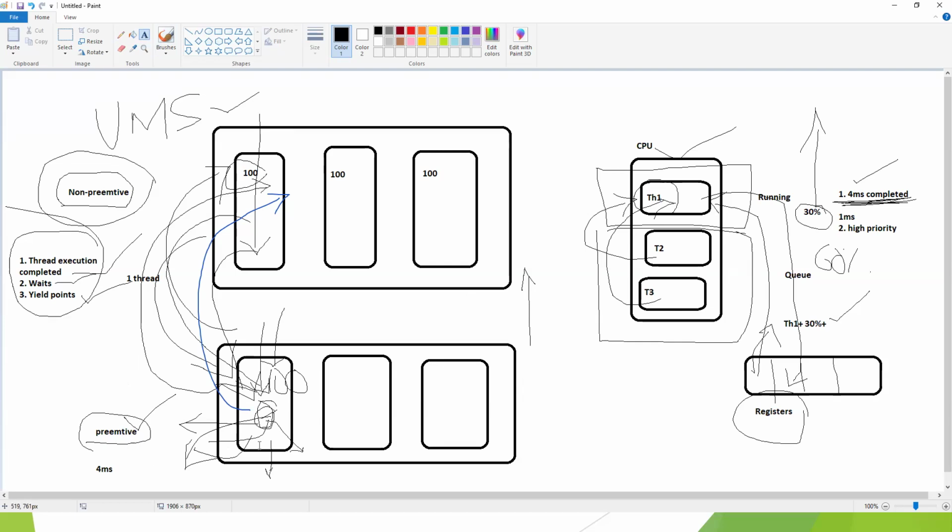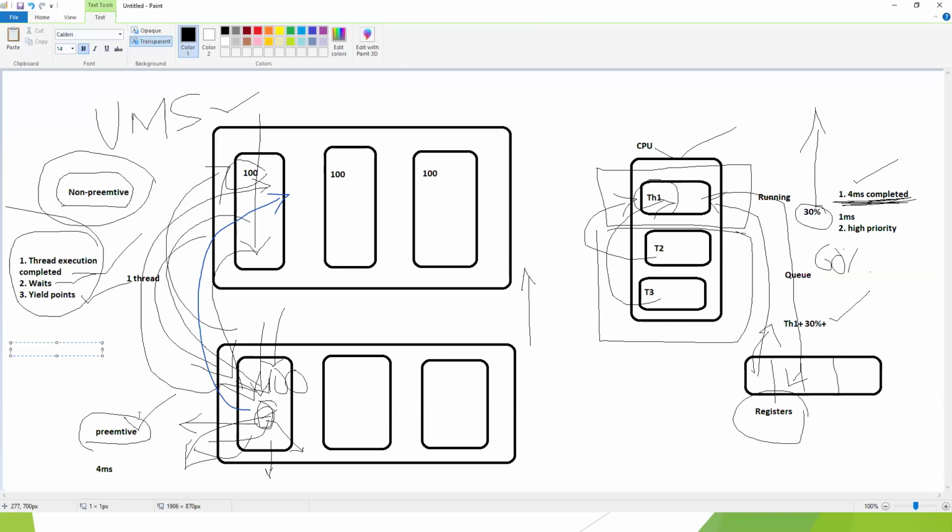Preemptive is nothing but meeting the condition, right? Yielding is coming out of the CPU, right? So yield points are put in by the SQL developers, not our individual application developers, but the people who developed sqlservr.exe.